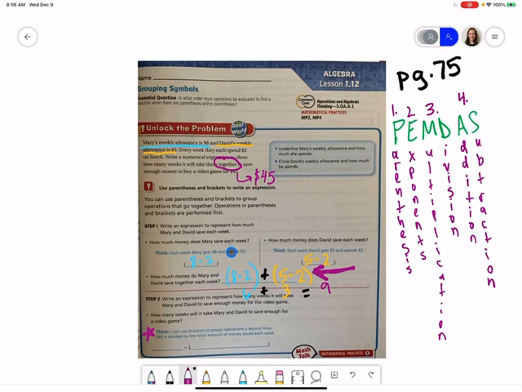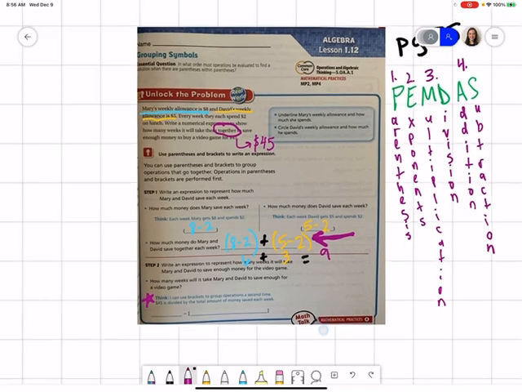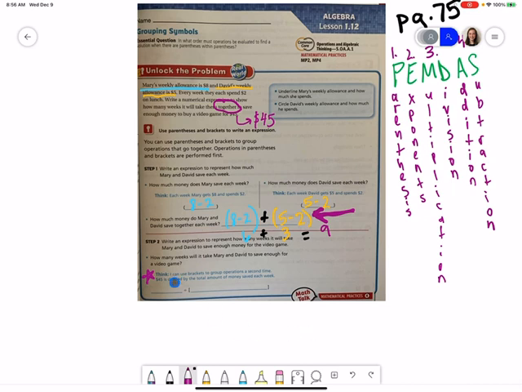So I can put these parentheses equations inside brackets. If I'm trying to figure out how many weeks it's going to take to get $45, I want to start out with my $45, and I'm dividing it up into how many weeks it will take.